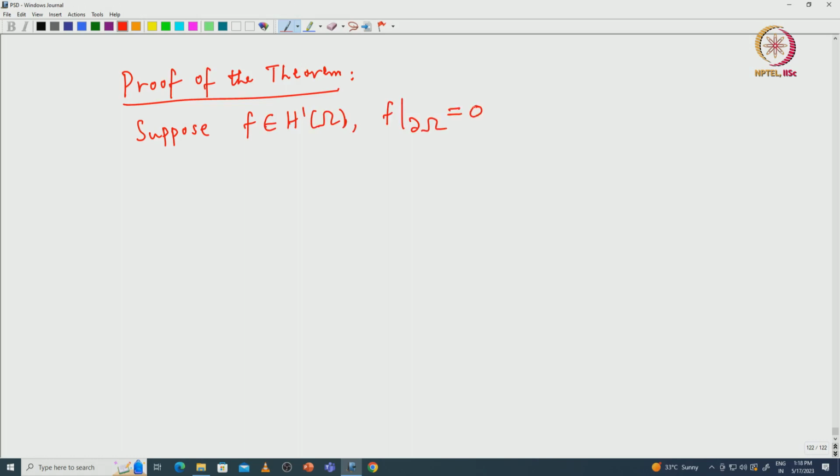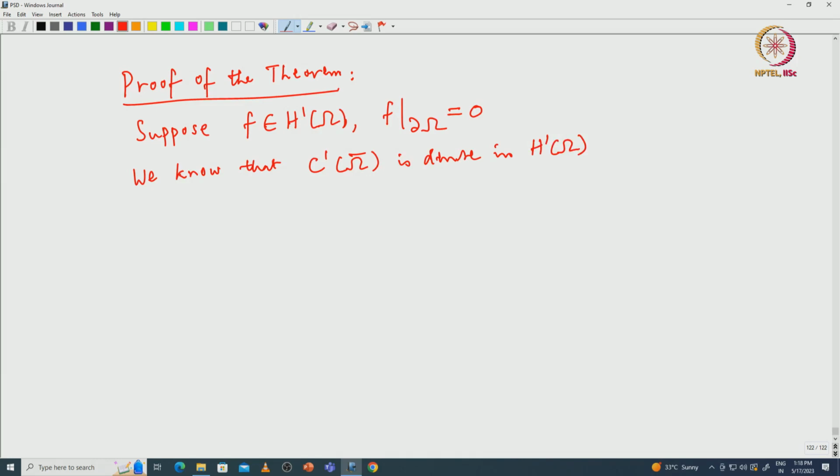Remember the smoothness of the boundary. We know that C1(Ω̄) is dense in H1(Ω).